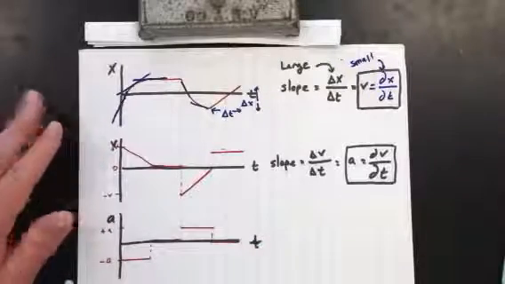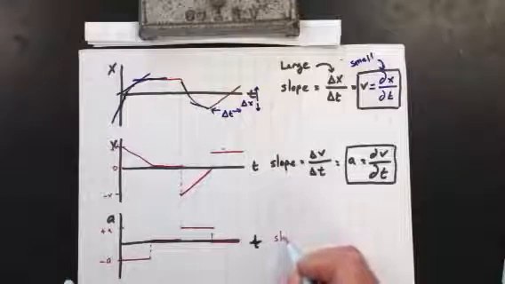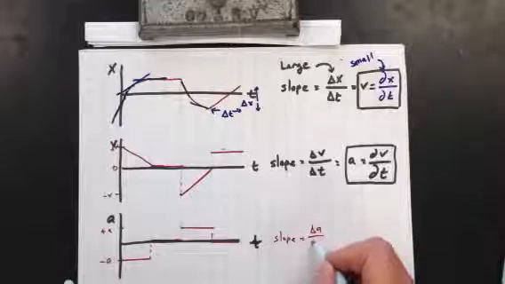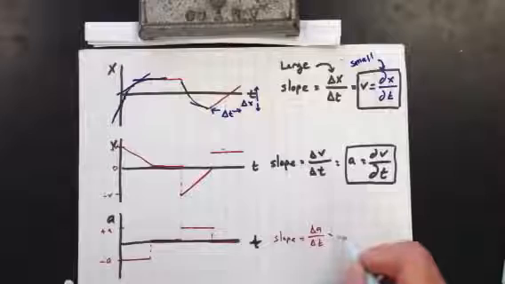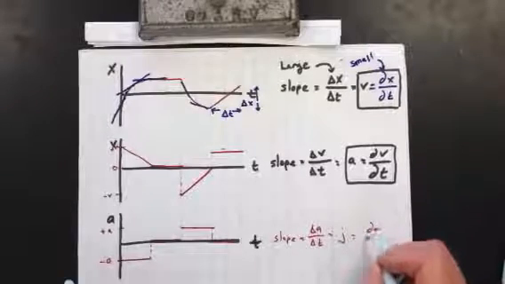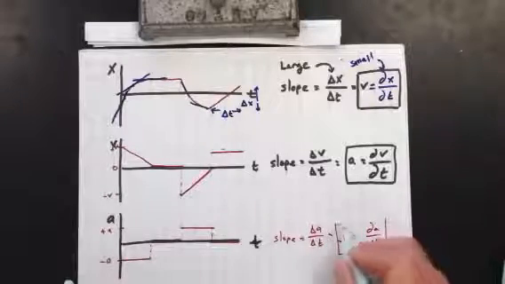Now there is one step further. We don't really have to deal with this, but we can take the slope of this, and that's going to be the change in acceleration over the change in time, which is actually jerk. That's a funny name, right? The derivative of acceleration with respect to time is jerk.